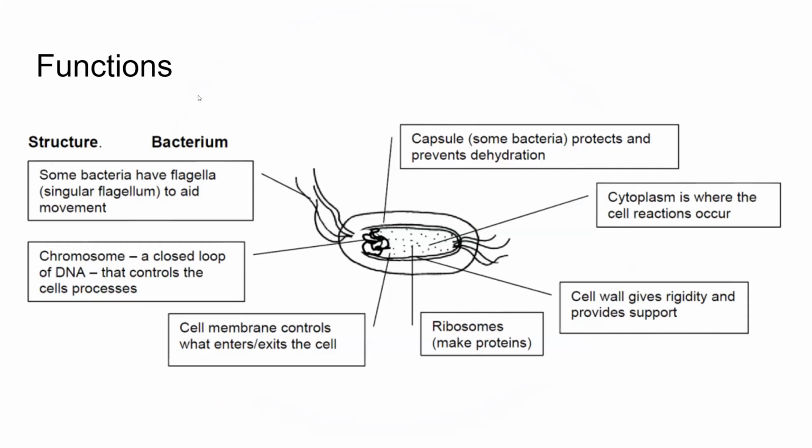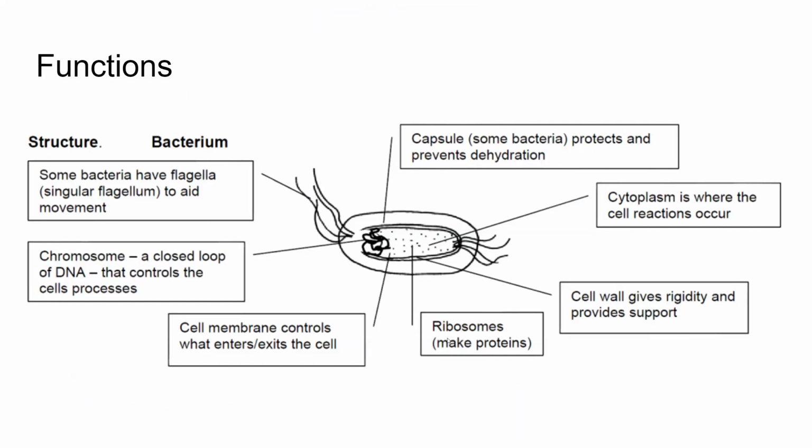So here are the functions of those parts. The capsule protects the bacteria and prevents dehydration. Some bacteria have this, not all of them. The cytoplasm is where cell reactions occur. It is all that space in between all of those other components. The cell wall is used for support, and it is quite strong and rigid.